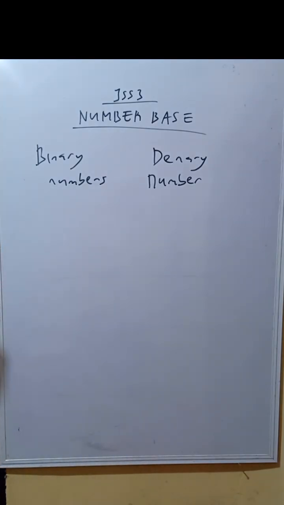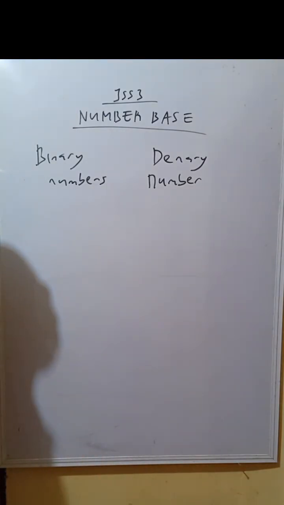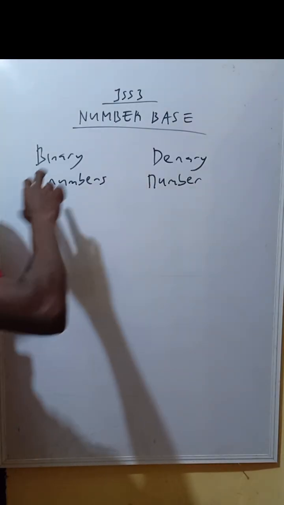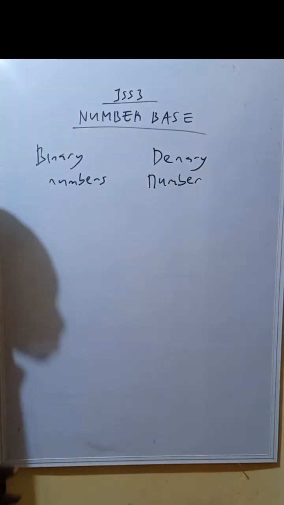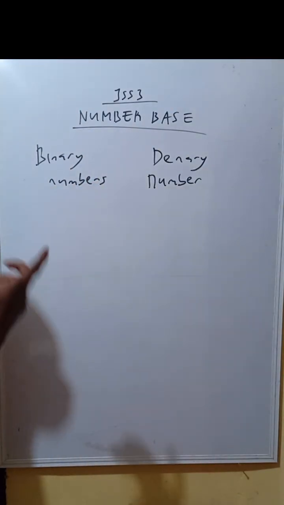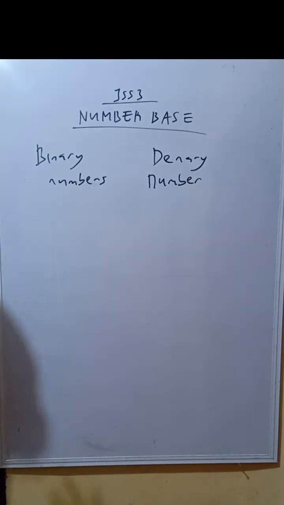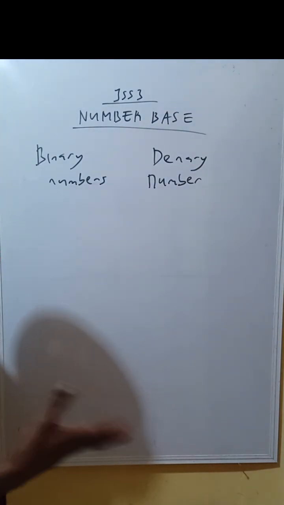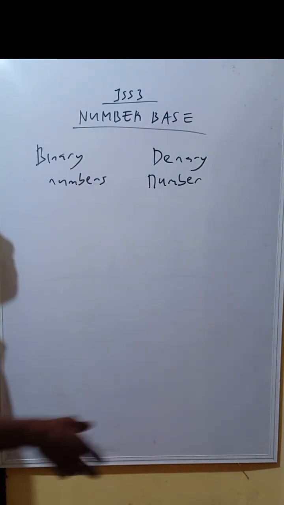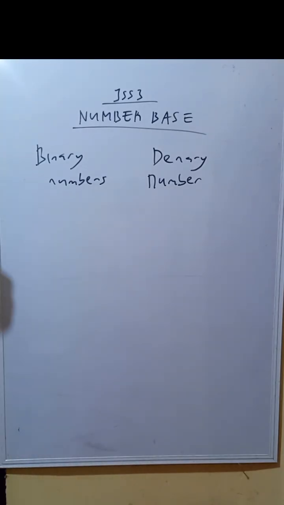So number base is a counting system. There are many bases: base 2, base 3, base 4, base 5, base 6, base 7, base 8, base 9. Then the one that is common is base 10, denary numbers.